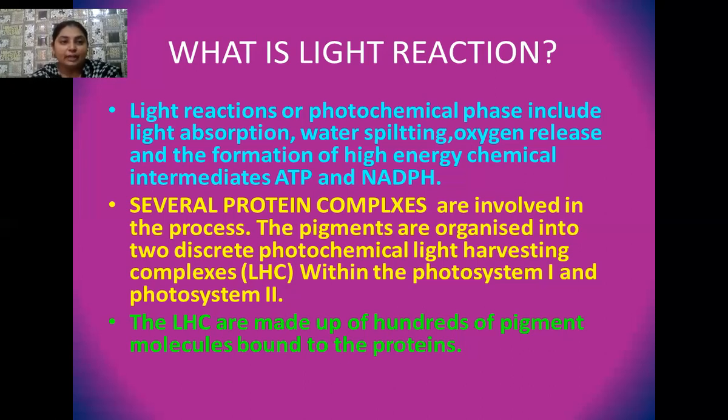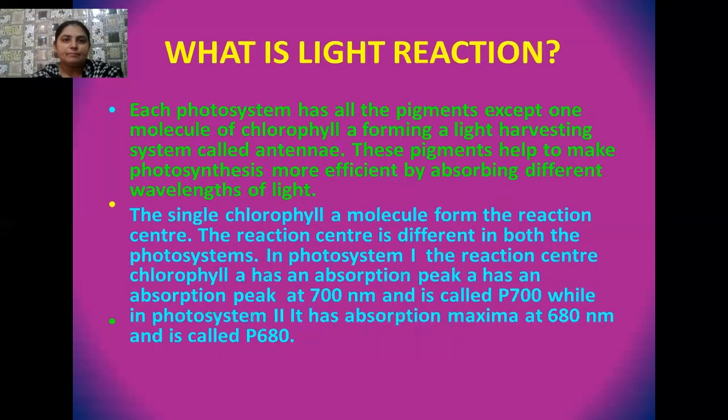As you know, there are two types of photosystems. All of these protein complexes involved in the process of photosynthesis, which contain different types of pigments including the chief pigment, form the light harvesting complexes. These light harvesting complexes are made up of hundreds of pigment molecules which are bound to proteins.